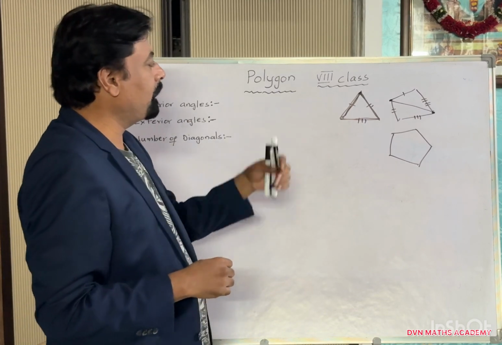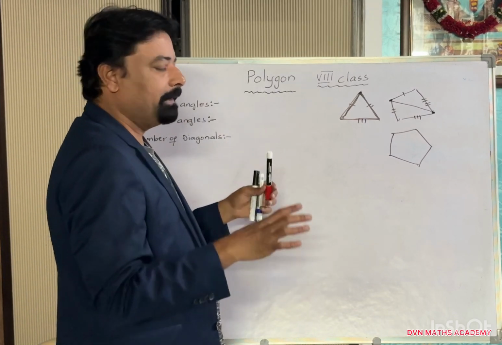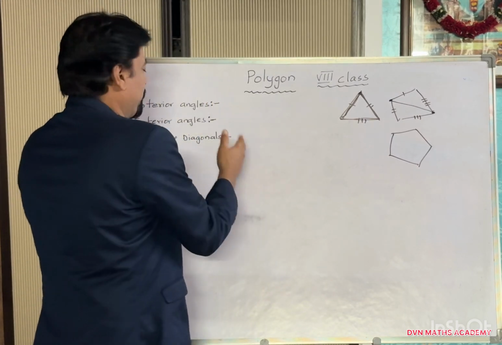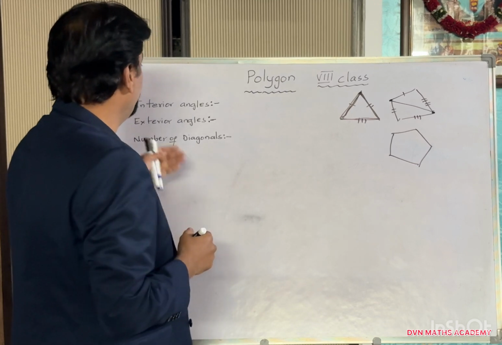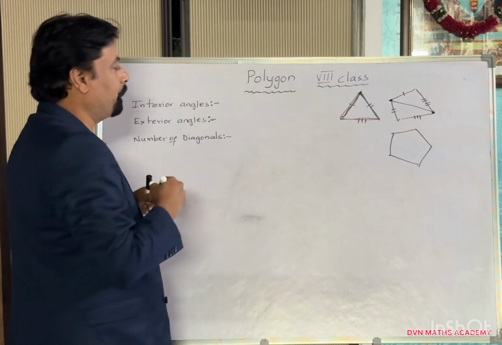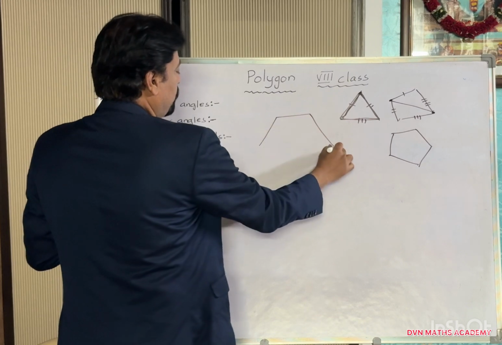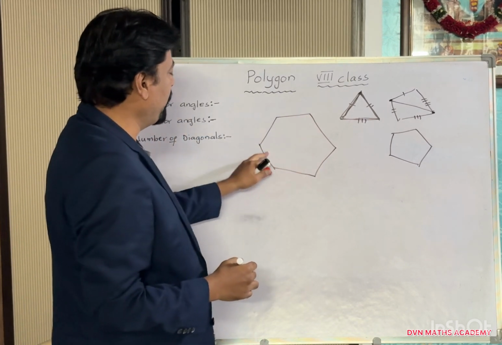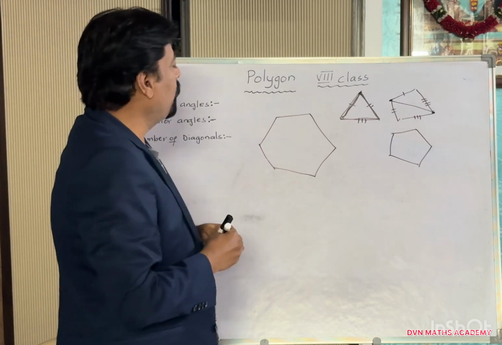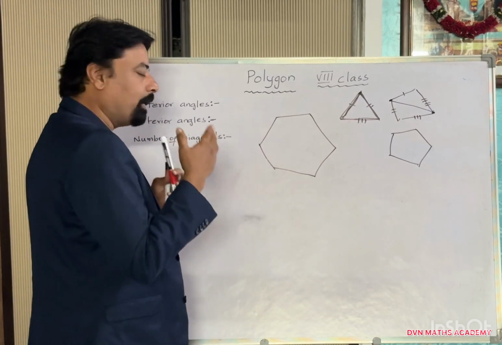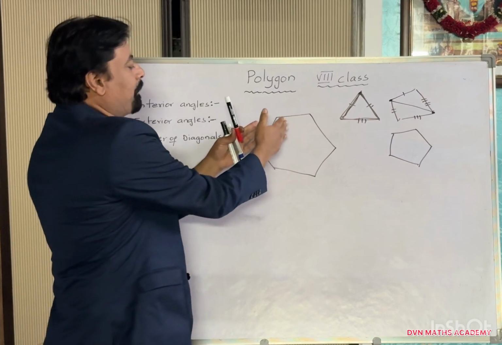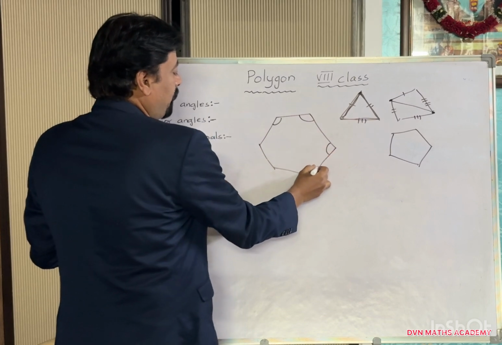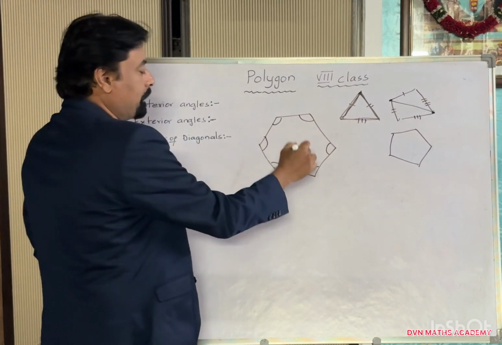These are some of the interesting concepts for polygons, and today we are going to solve different problems on these topics. For example, I am drawing one polygon here. So this is a polygon: 1, 2, 3, 4, 5, 6, a six-sided polygon. Now I want to know the sum of its interior angles, I mean, if I add all the angles of this polygon, what is the sum?